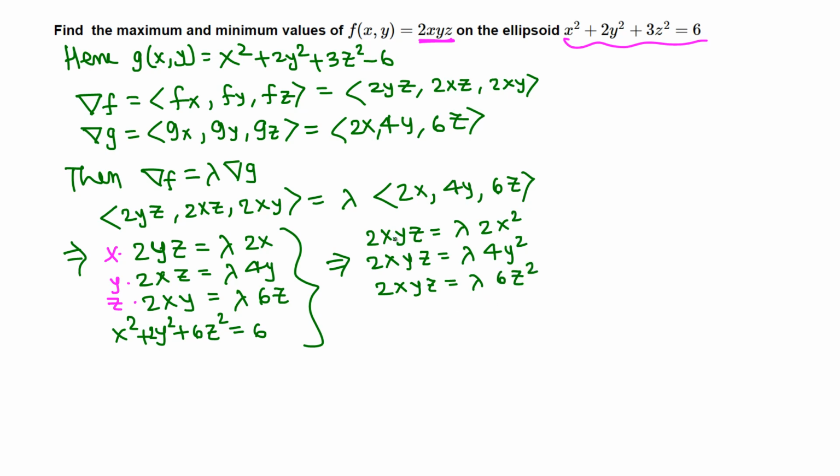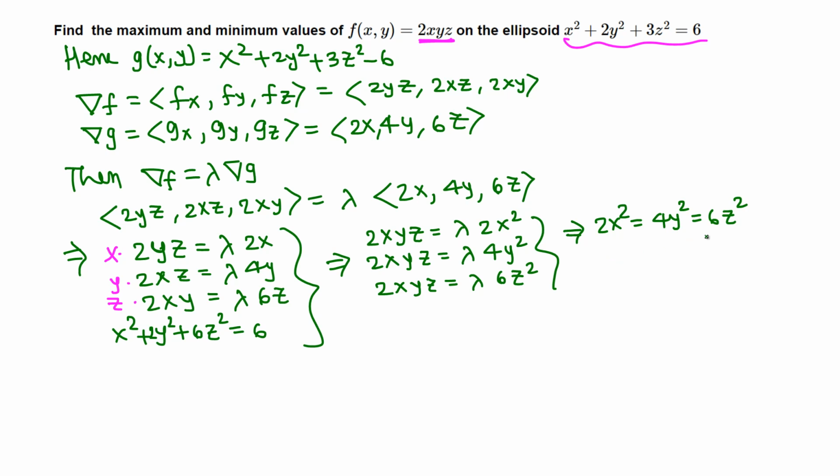Since the left hand sides are equal, the right hand sides should be equal as well, and all of these have lambda, so we can get rid of lambda. That implies 2x squared equals 4y squared equals 6z squared.